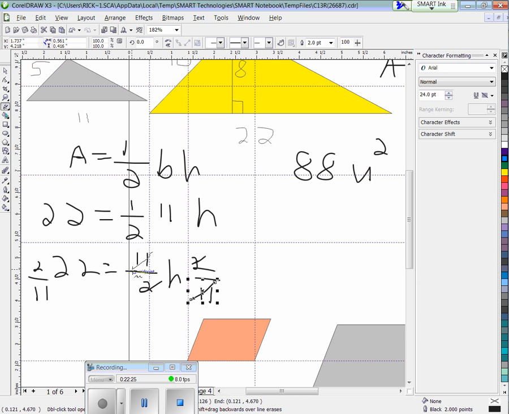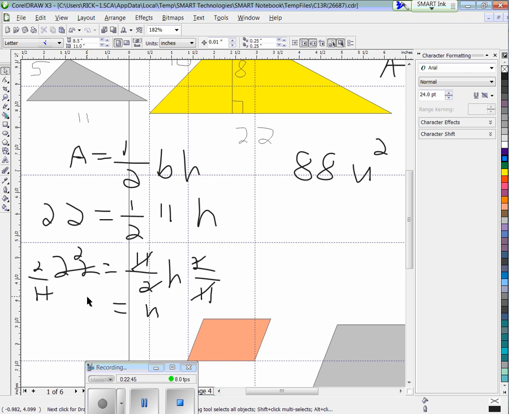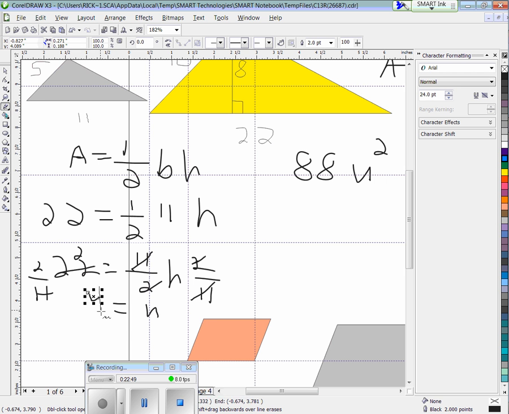Our 11's would divide out. Hey, we isolated the variable. What's 22 divided by 11? And 2 times 2 is? What's our height? Our height is 4.